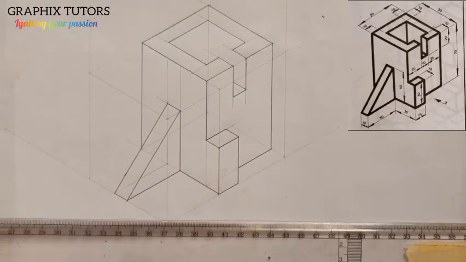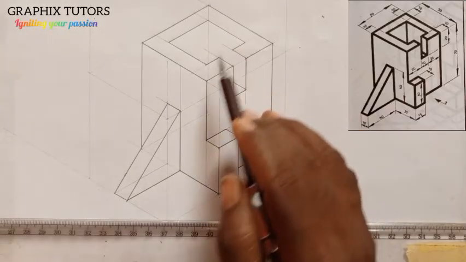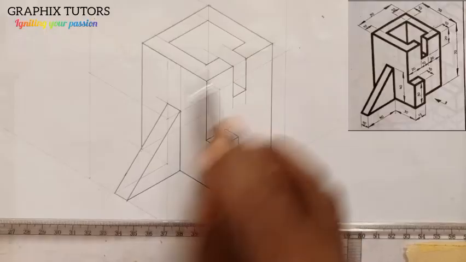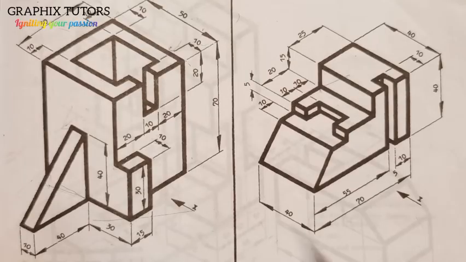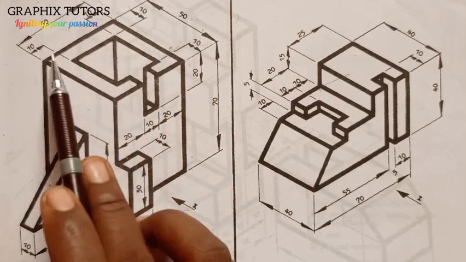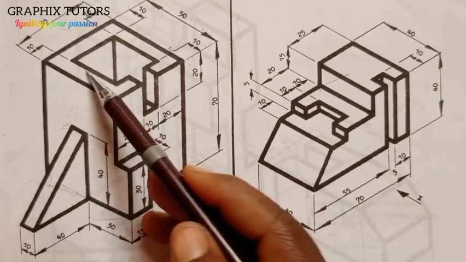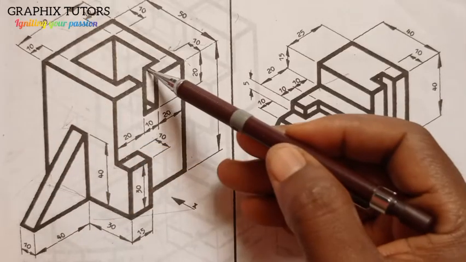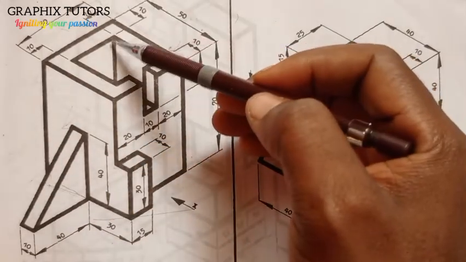I said 10, so these are the 10 I'm talking about. From this point to this point is 10, and from here to here is the 10, just like you see here. You measure the 10, and from here to here is 10. So we're bringing this in, and we're bringing this in.